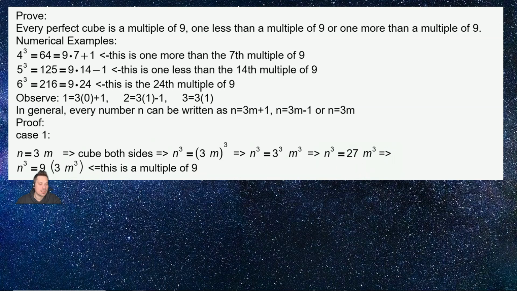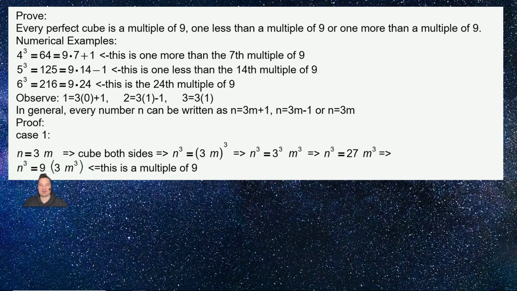I can write n cubed equals 9 times 3m cubed, because that 9 is now visible, and 9 times 3 is 27. I can just separate it into different factors. In other words, this is clearly a multiple of 9. You have a 9 in this position, so n cubed equals 9 times some other number.